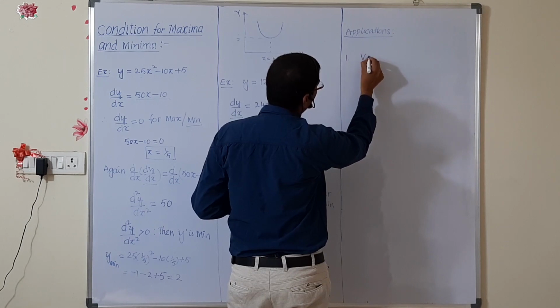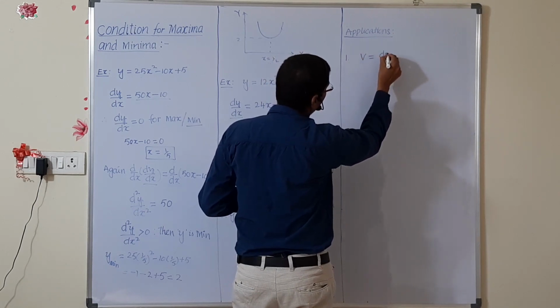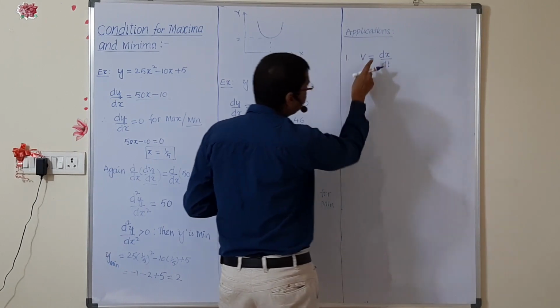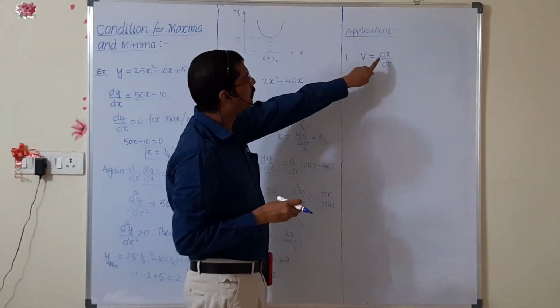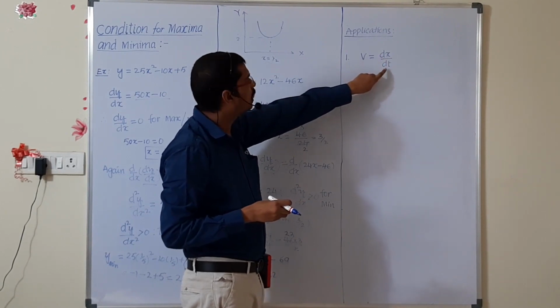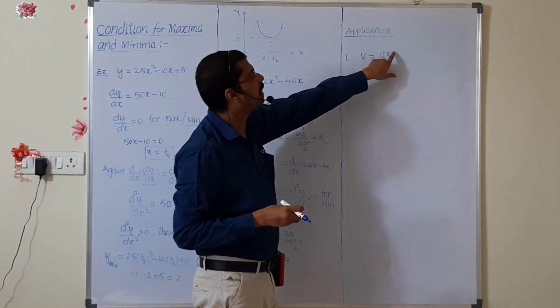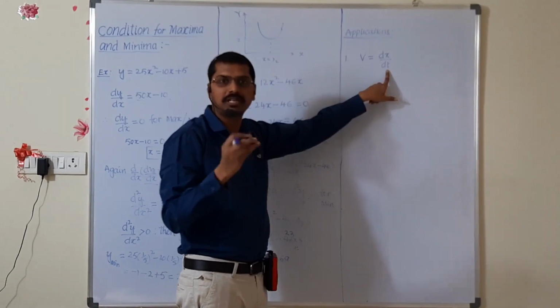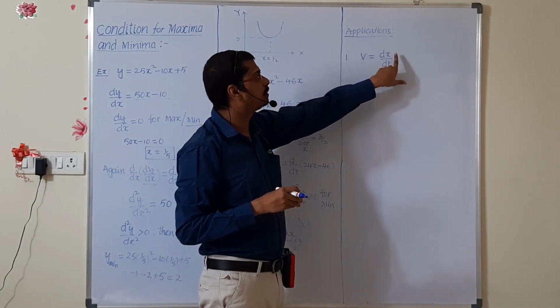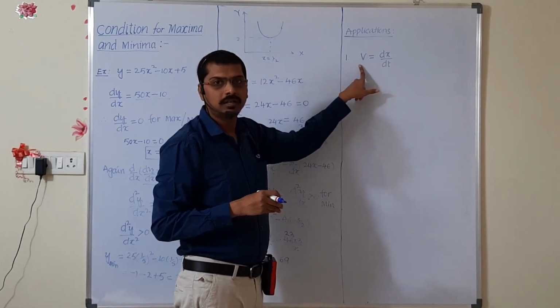If you want to write the velocity, how can we write it? dx upon dt. The x value changes with respect to time, that will give the velocity. So dx upon dt is nothing but differentiation of the x value. X changes with respect to time, we get the velocity.